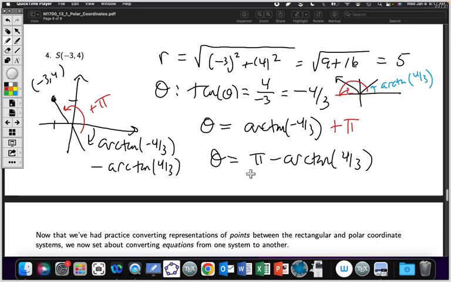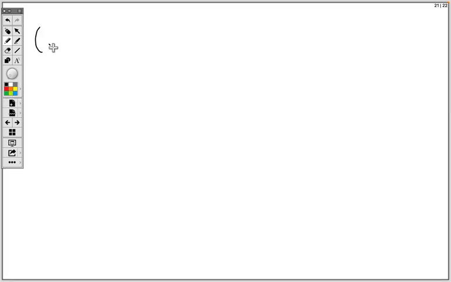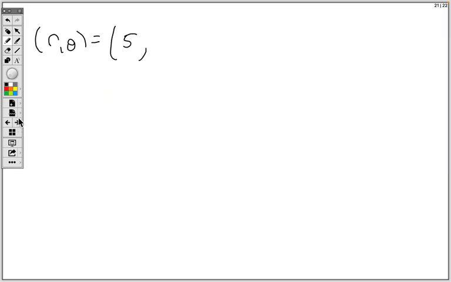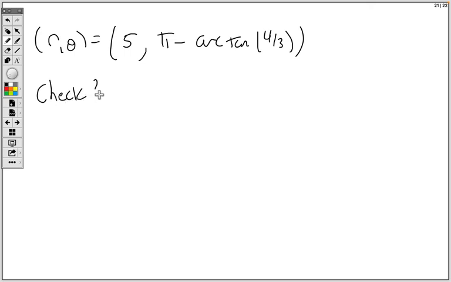So either way, however you want to think about it, this would be your angle theta. So the r theta here would be radius 5, and then pi minus arctangent 4/3.